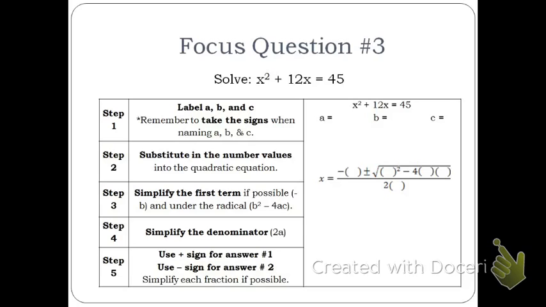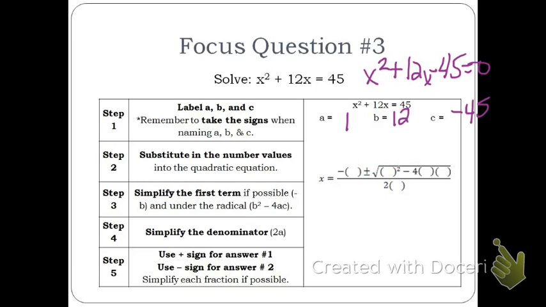Bring your 45 over to the other side, so you should have x squared plus 12x minus 45 is equal to 0. So our A value is 1, our B value, oops, I forgot the x there. B value is 12, and our C value is -45. Would you have gotten this problem wrong had you not set the equation equal to 0 first?